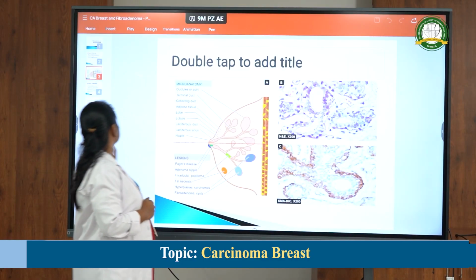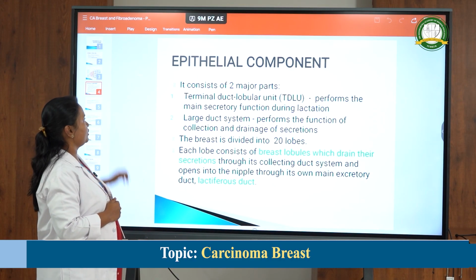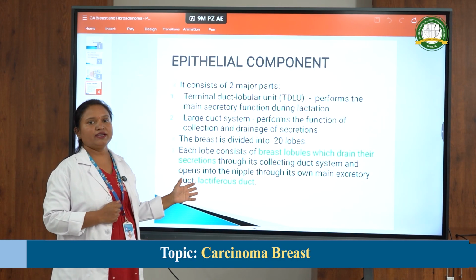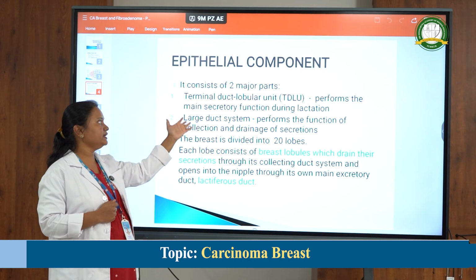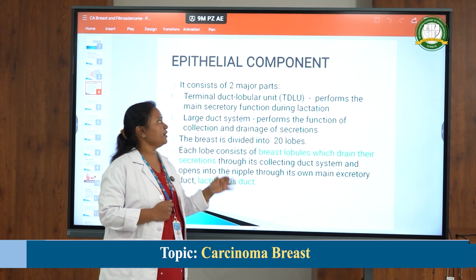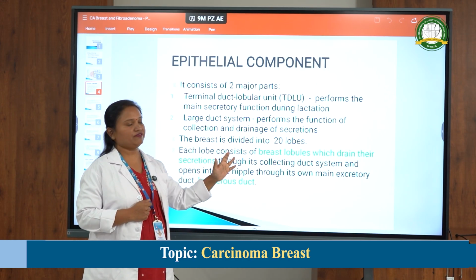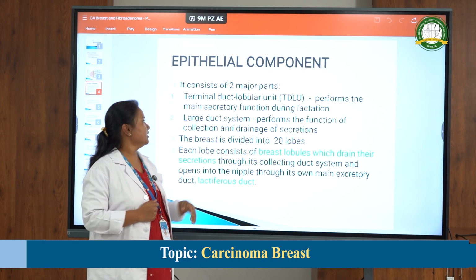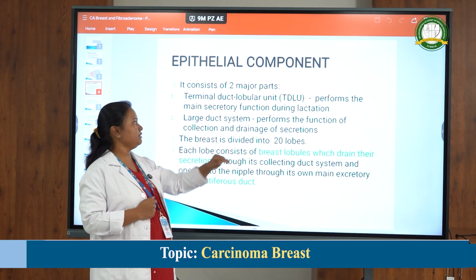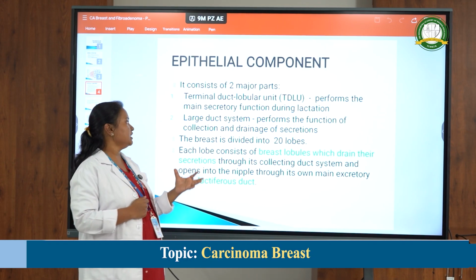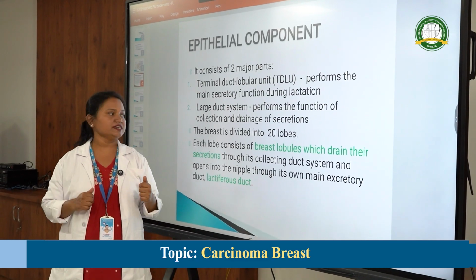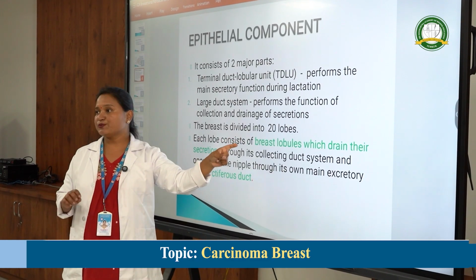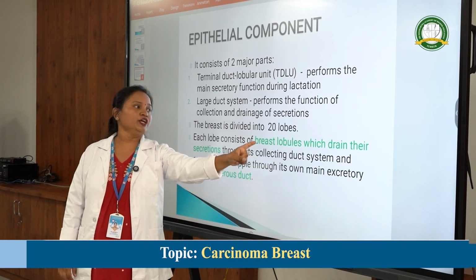Okay. Next we'll go to the epithelial component. The epithelial component consists of the terminal duct lobular unit. It performs the main secretory function during lactation. The large duct system performs the function of collection and drainage of the secretion. The breast is divided into 15 to 20 lobes.